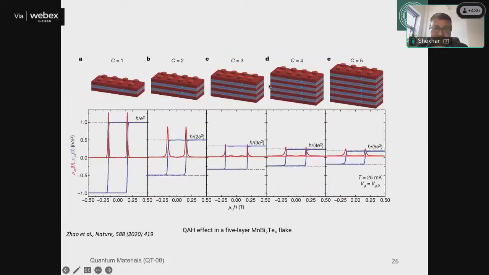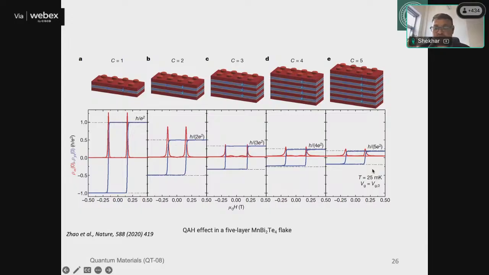Such an experiment has been demonstrated by a group where we can see single layer, double layer, triple layer, up to five layer, and they are able to observe this value multiplied by five in terms of conductivity. In resistivity, it will be the opposite, one by five.